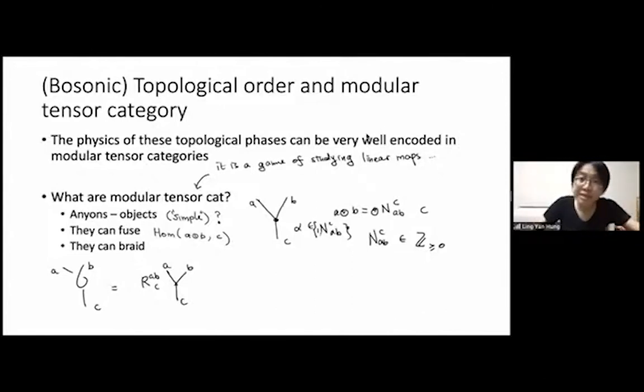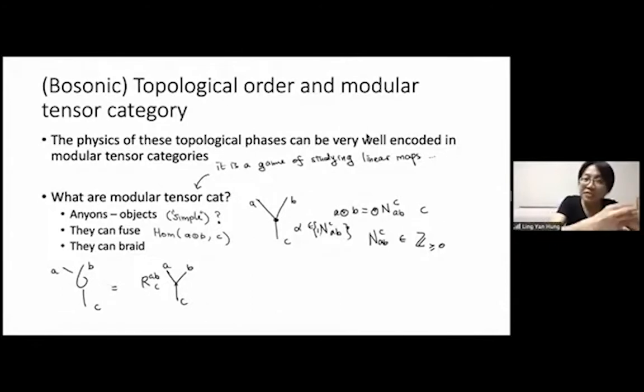For simplicity, in cases where we can work systematically, we restrict to rational theories, where the number of simple objects is finite. And so that corresponds to a case where the number of different species of anyons is finite.